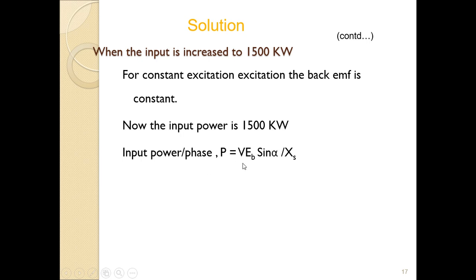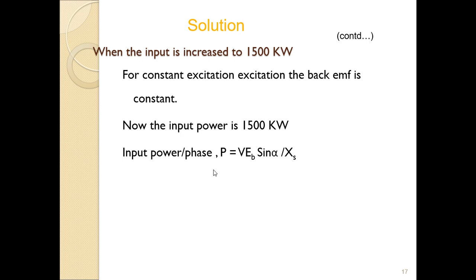So power input is equal to V into EB sine alpha by XS, where V is the supply voltage per phase, EB is the back EMF per phase, and XS is the synchronous reactance.